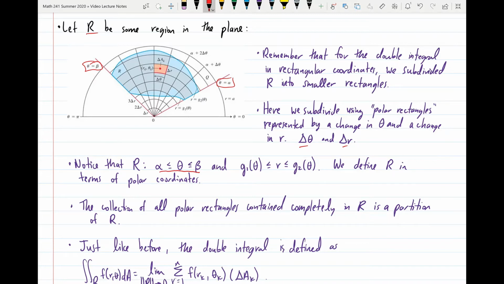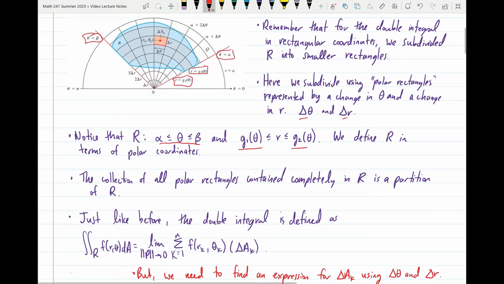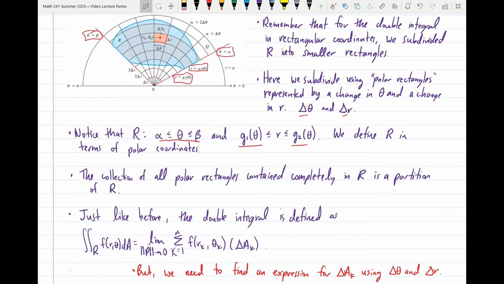So we have two functions that are given in terms of theta. We have r equals g sub 2 of theta and r equals g sub 1 of theta. And all of the r inside of the region are going to be bound between those two functions. So r is going to be between g1 of theta and g2 of theta. And this is a way to describe the region R using polar coordinates as opposed to Cartesian coordinates.